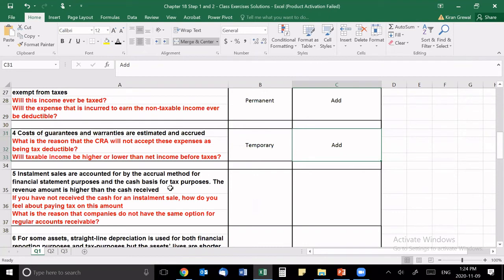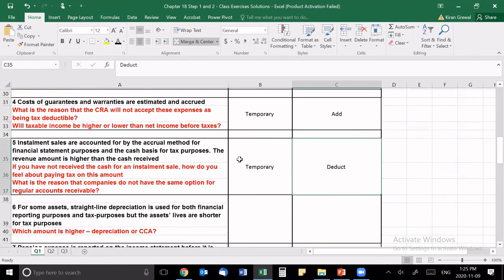So eventually we will record it for both accounting and tax, but just not in the same year. So this is a temporary difference. And it says the amount of revenue is higher than the cash received. So there's too much revenue in the accounting income, and therefore we have to take it out. So we have to deduct it.